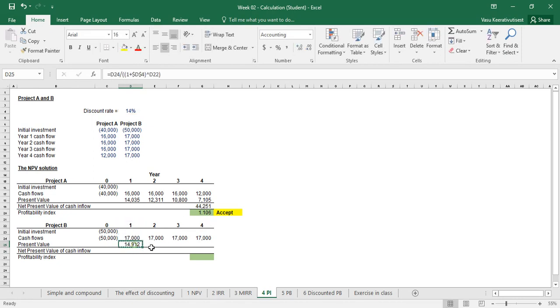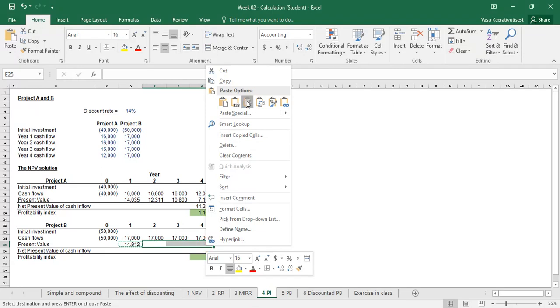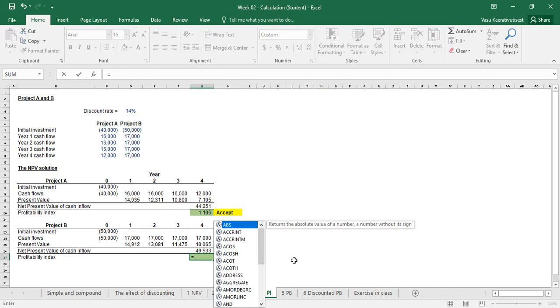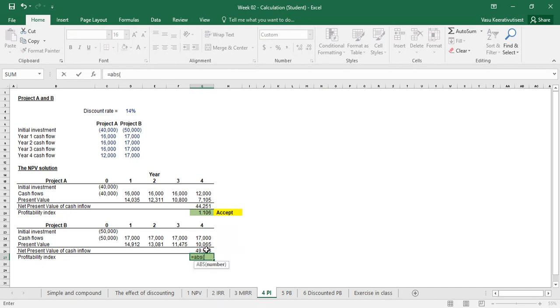So here are your present values, and then you sum them together and get the sum of the future cash flow. It is equal to absolute, open parenthesis, future cash flow divided by the initial cash flow here. You see, right now in this case, the profitability index is less than 1. It means that we should reject this project.